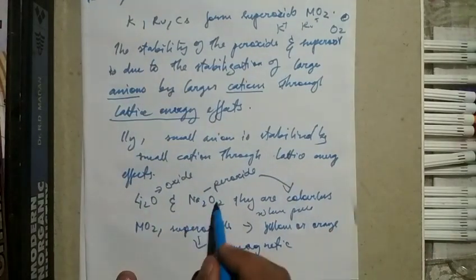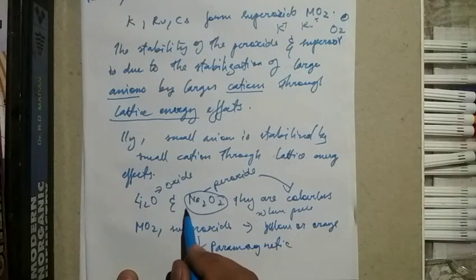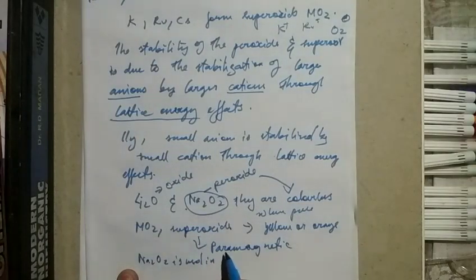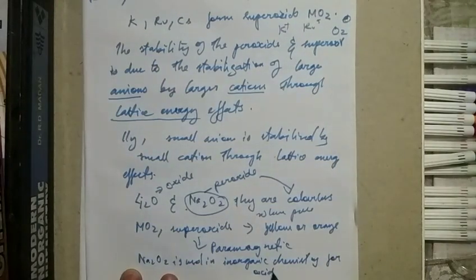Now sodium peroxide, Na2O2, is used in inorganic chemistry as an oxidizing agent.